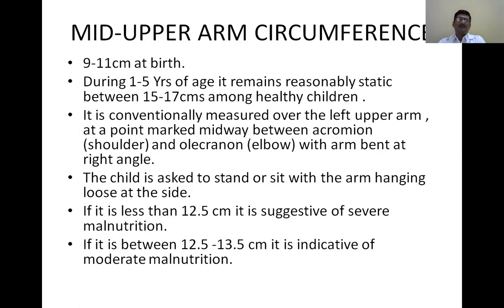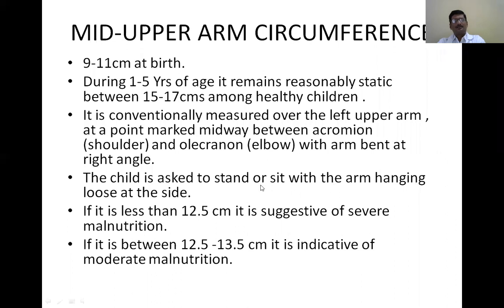And how is it measured? Measured over the left upper arm at a point marked midway between the acromion and the olecranon, with the arm bent at right angles. Suppose we bend the arm at right angles, and at the midway between the olecranon and the acromion, between these 2 points, you measure the mid upper arm circumference.